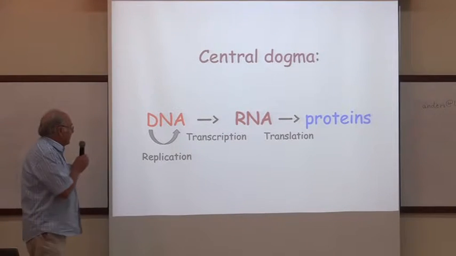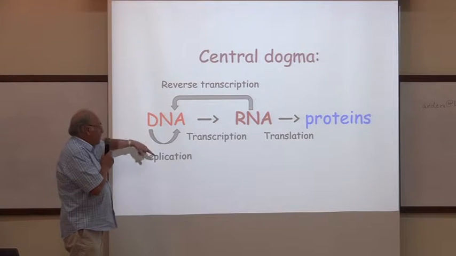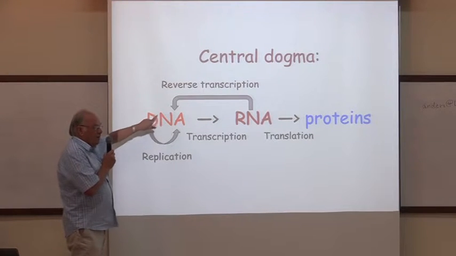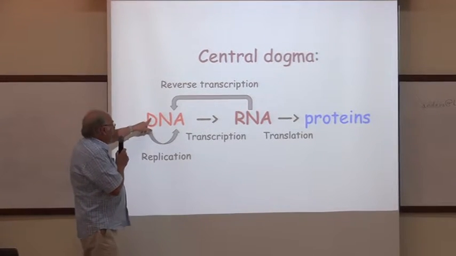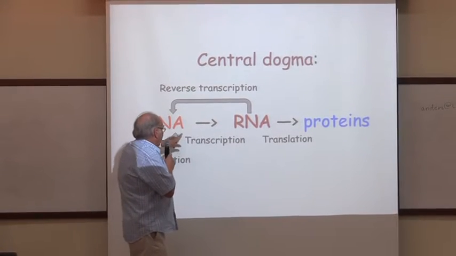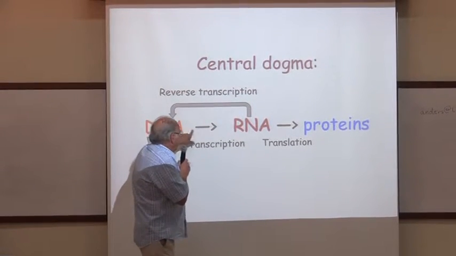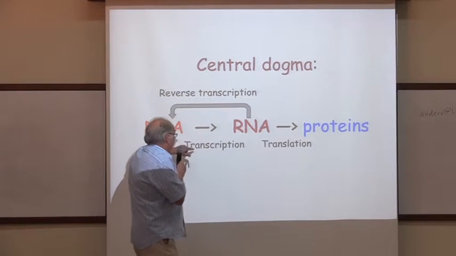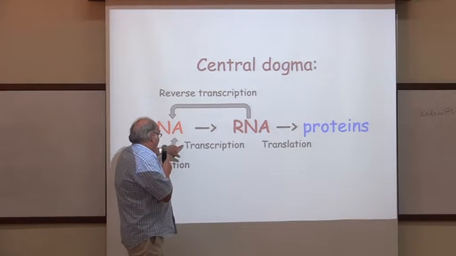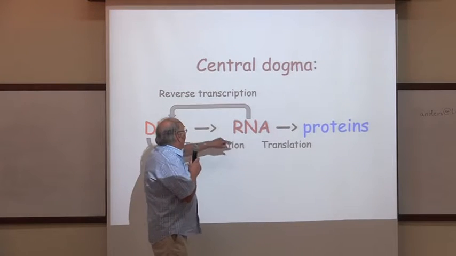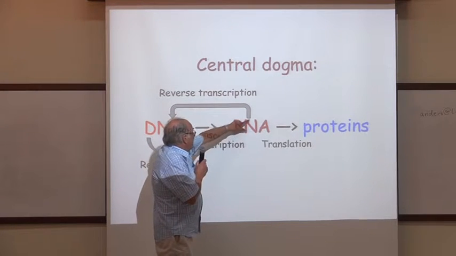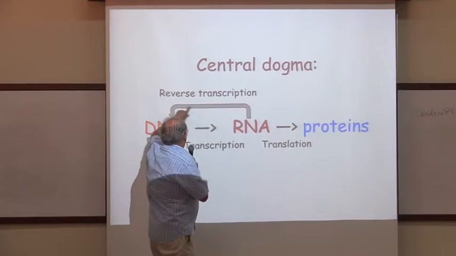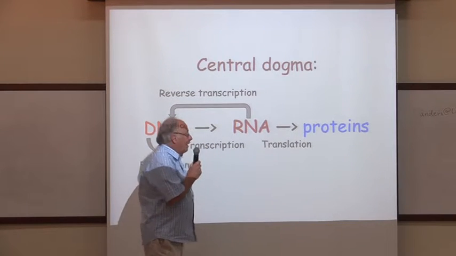The central dogma, as I said: DNA needs to be replicated. It makes copies of itself, and then this DNA is copied to RNA, to messenger RNA or other types of RNA, and this is called transcription. But there is also a reverse transcription from RNA back to DNA.